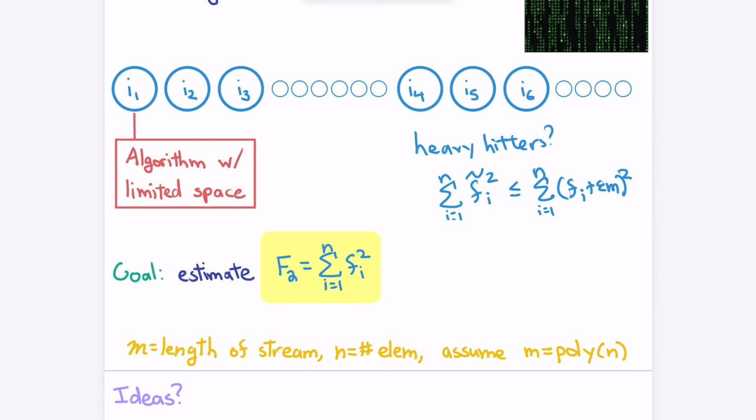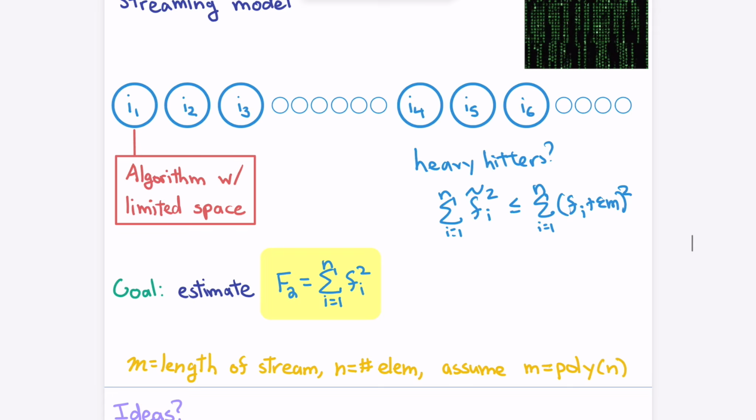Somehow try to sample repeating pairs. And how can we use that? That's an interesting idea. It's like the number of repeating pairs, Fi choose two.